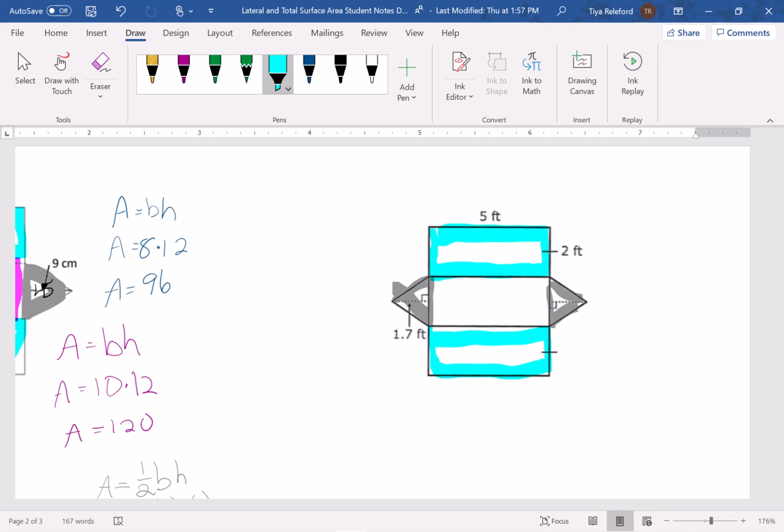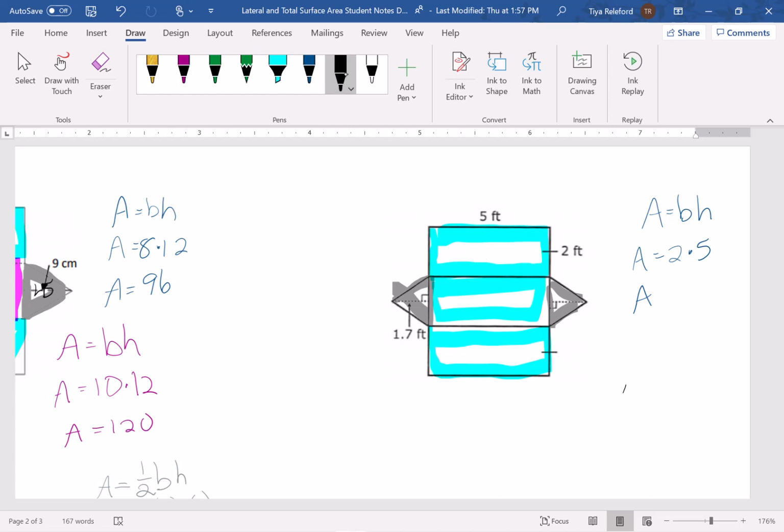I guess they're all congruent, huh? You have a formula for rectangle for lateral sides, and that answer goes in each one of these.